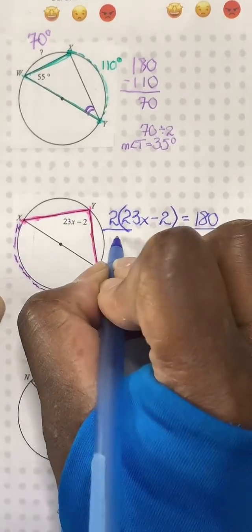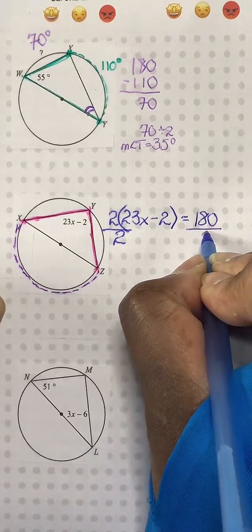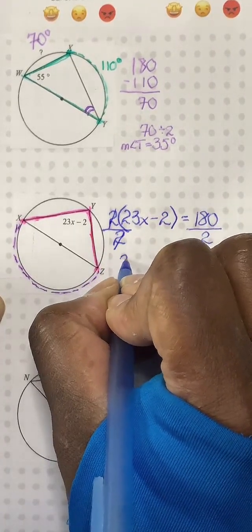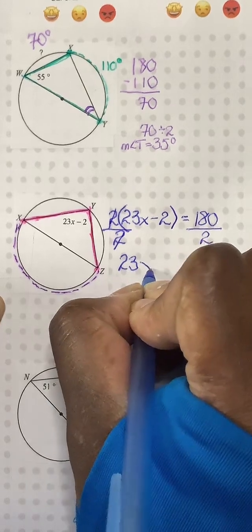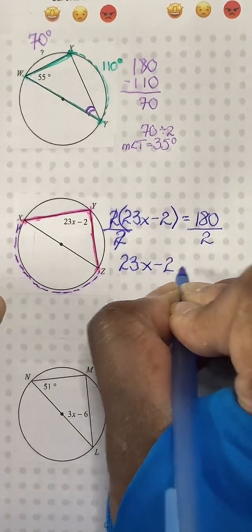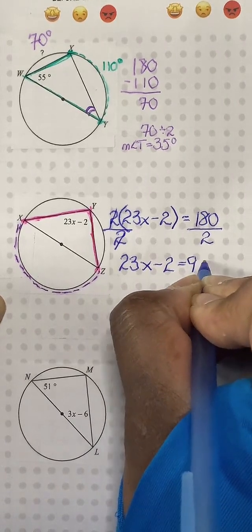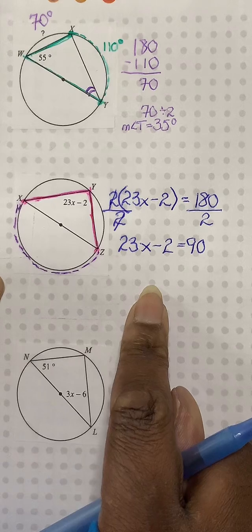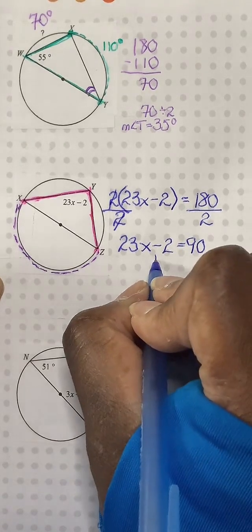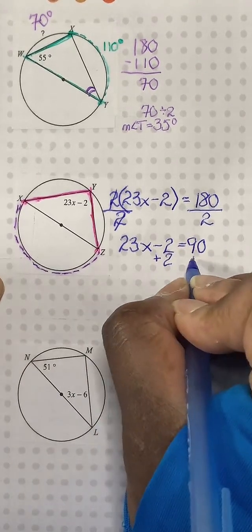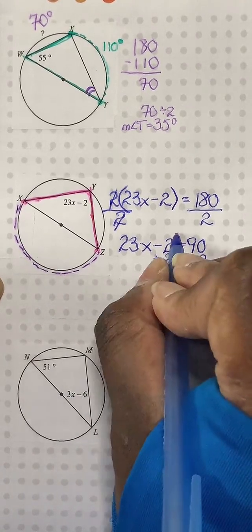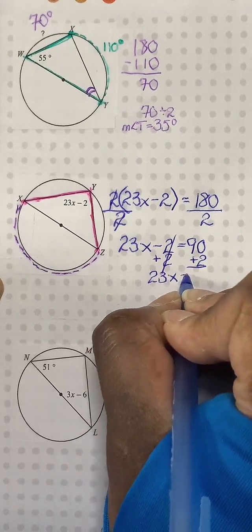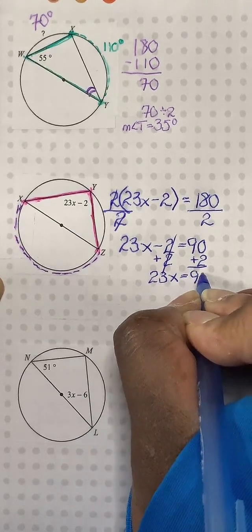So instead of doing the distributive property, I can simply divide both sides by the 2. Now I have 23x minus 2 is equal to 90. Now I can solve for x. If I add 2, that means I have 23x is equal to 92.